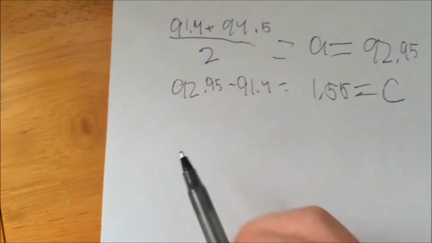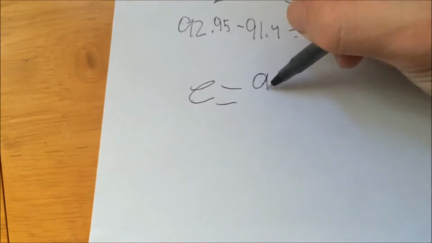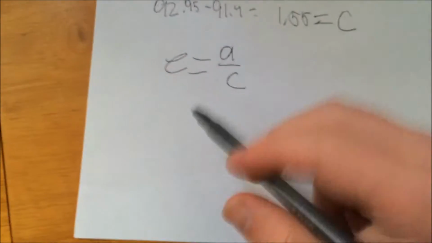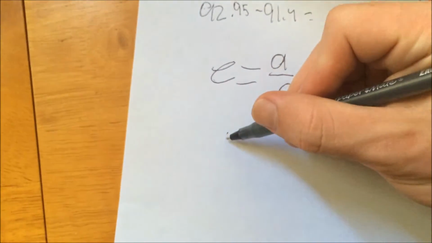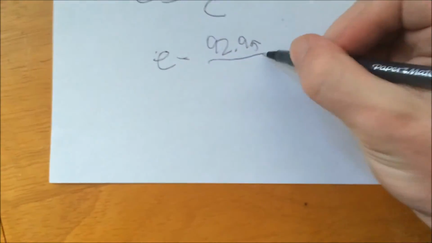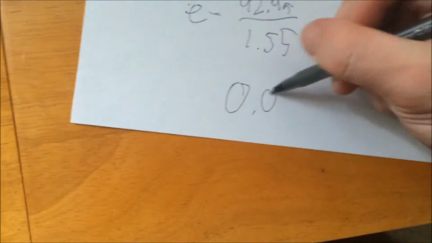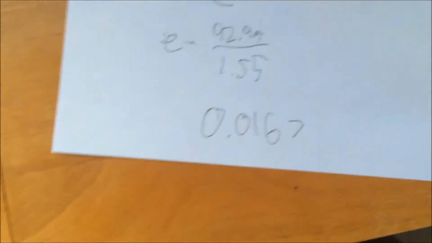So, we use our eccentricity formula, E equals C over A, plug in our two previous values, E equals 1.55 over 92.95, and find our eccentricity once again to be 0.0167.